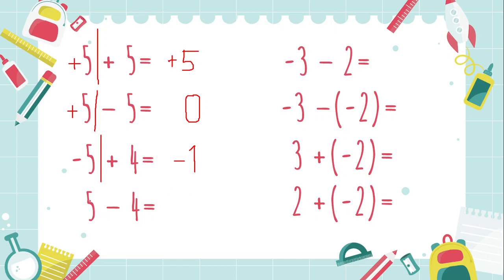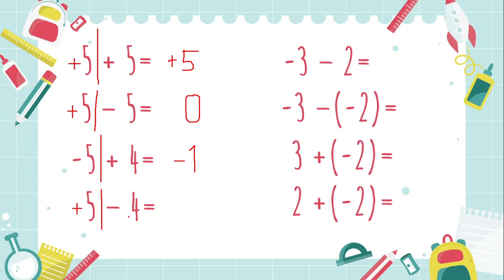Next, we have 5 minus 4. Again, 5 does not have any sign on its left side, therefore this one is a positive number. Next, let's separate the two numbers. So you have positive 5 and negative 4. We have two unlike sign numbers.